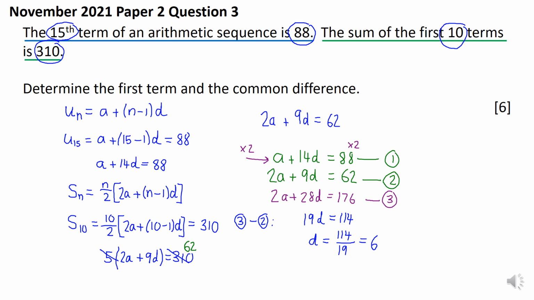We can just substitute into any of the equations to find a. So we're going to substitute d in, let's go with equation 1. So equation 1. And so we get a plus 14d, so it's 14 times 6, gives us 88.